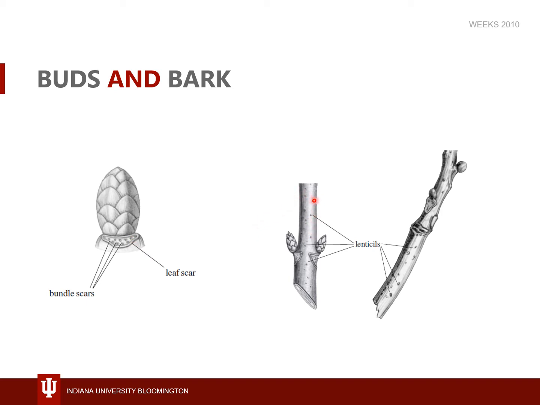And then also on the bark, there's lenticels that can show up in different forms. These are for gas exchange usually, and they function in that way, but some species have them very visible, some of them are not very visible. Again, that goes beyond where we're going to go with this, but something to be aware of. Most field guides are definitely going to mention lenticels and things like leaf scars and leaf shapes.